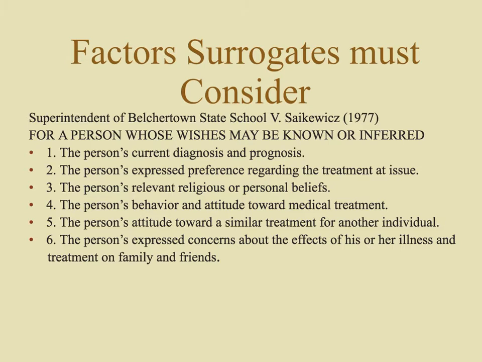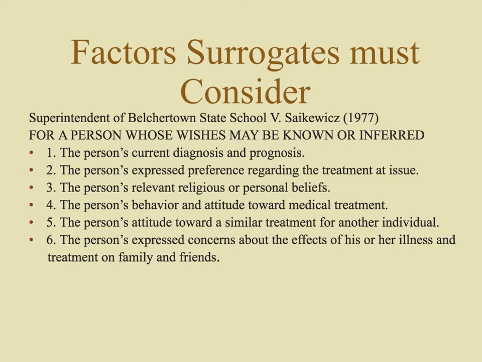So surrogates have to consider, when they make decisions for clients, their current diagnosis and prognosis, and their expressed preference regarding the treatment at issue. So if the individual always says, I hate when I have to go to the gym to exercise on the weight machine, then the surrogate may have to consider that maybe bowling would be a more appropriate leisure activity.